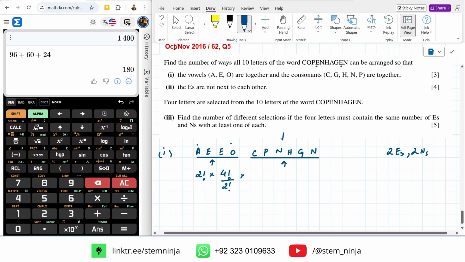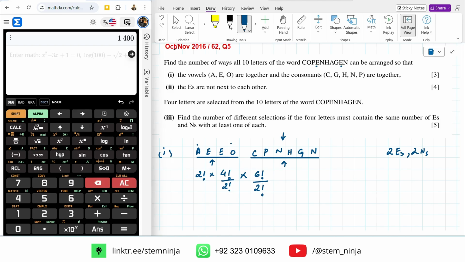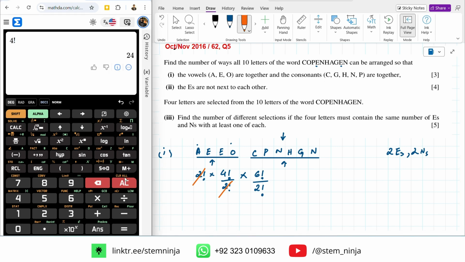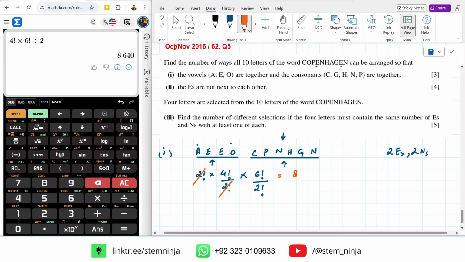And then for the consonants group, we have 6 consonants, and in them, 2 are duplicate, identical. So the 2 factorial can get cancelled. So you have 4 factorial times 6 factorial divided by 2, so 8640.